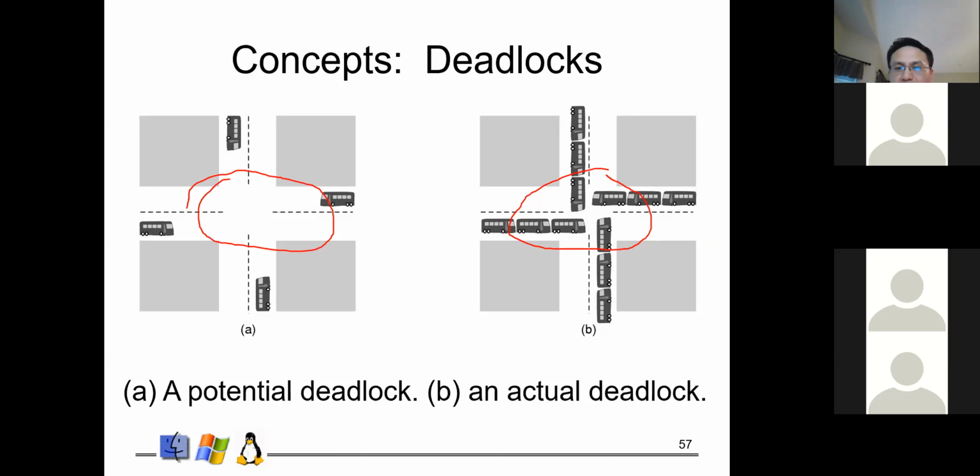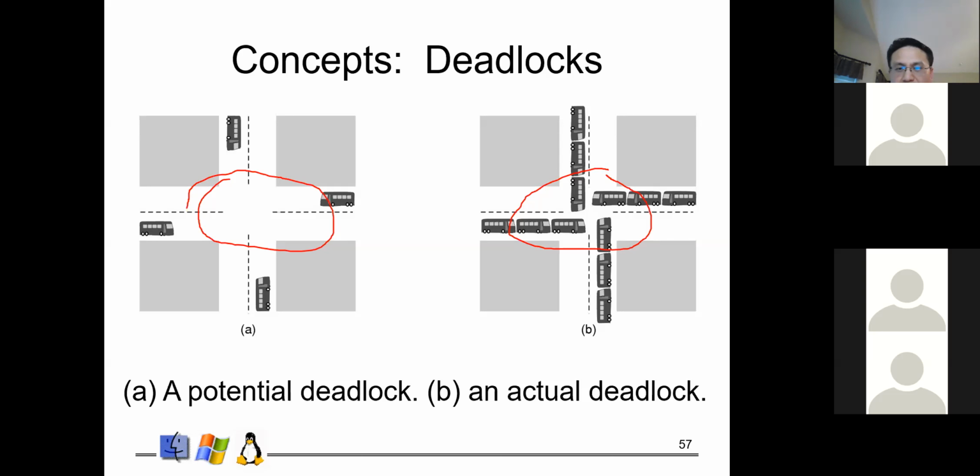Okay, and the second property of a deadlock is you have a hold and wait situation. Like here, each vehicle occupies a part of this intersection.